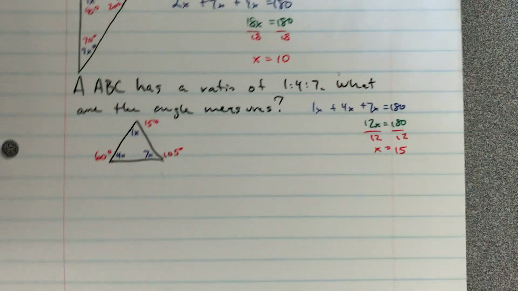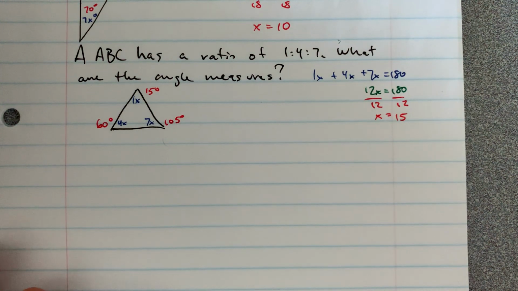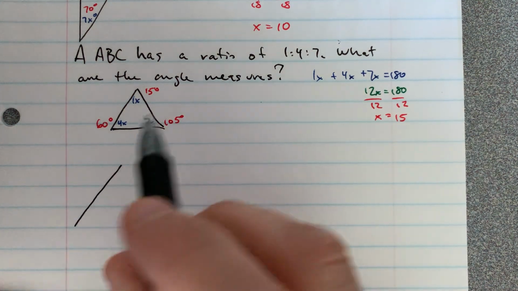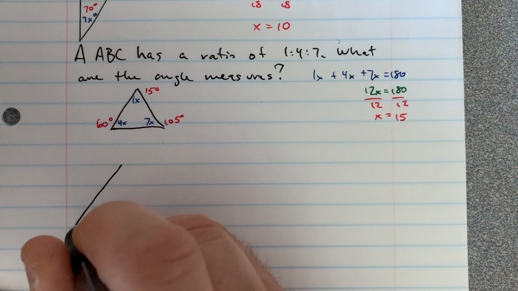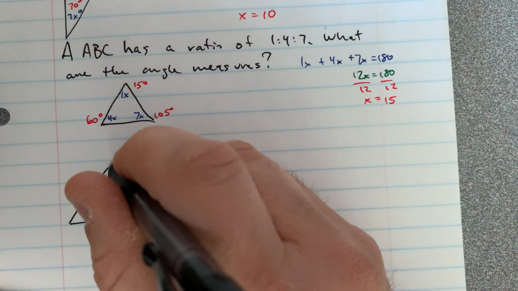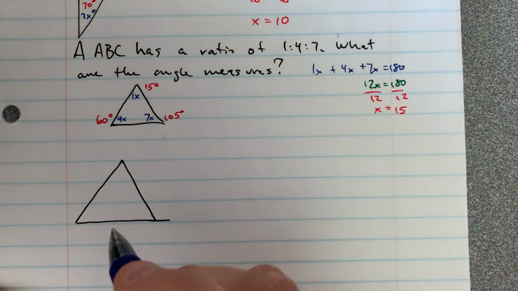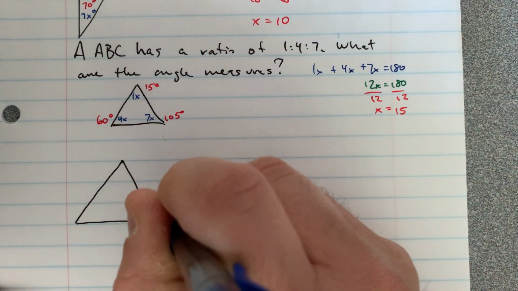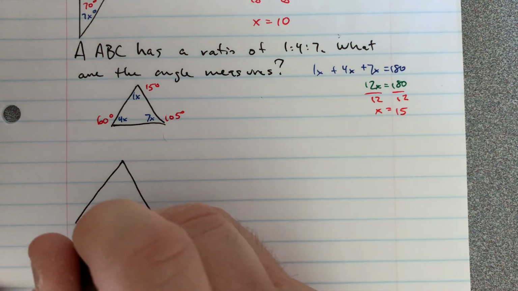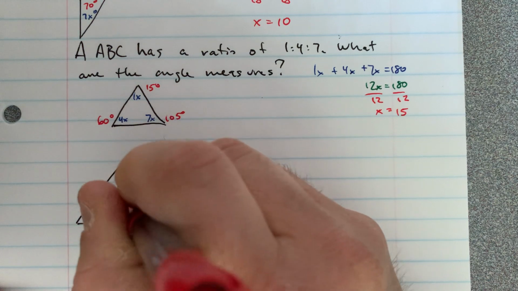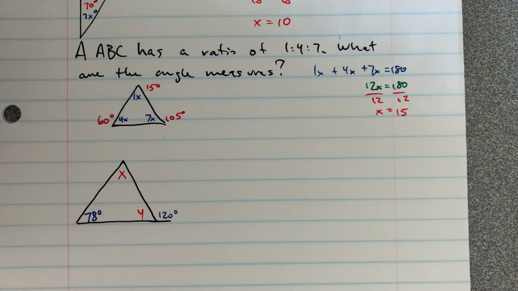We can then see some exterior angles created. All right, something like this. They may say this angle right here is 120 degrees, and this angle right here is 78 degrees, and they may ask you to find x and y.